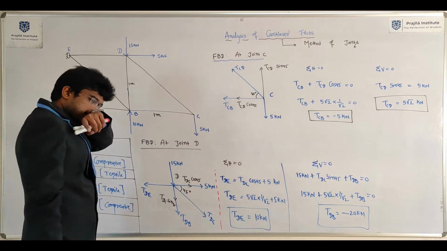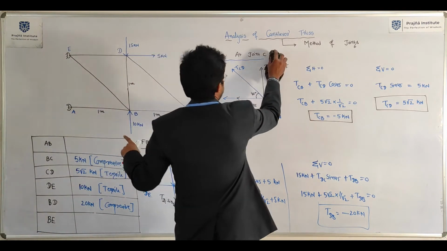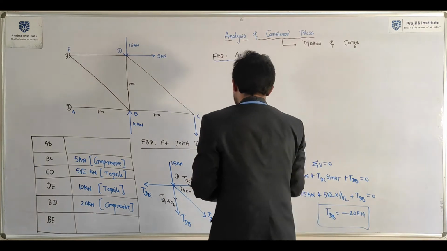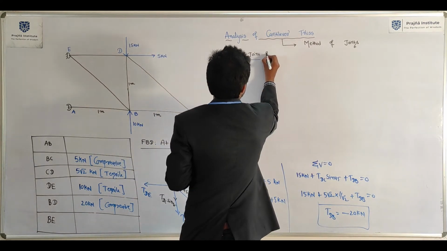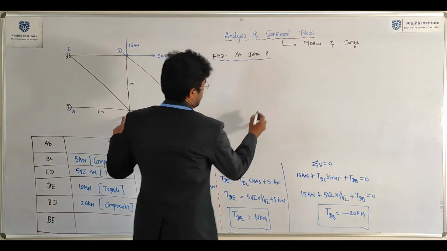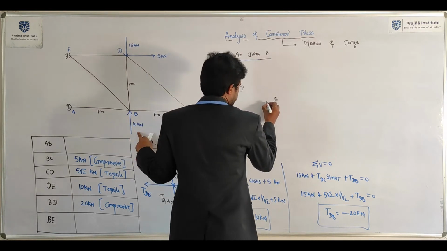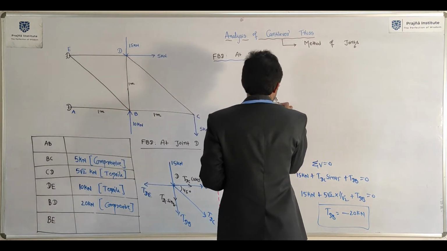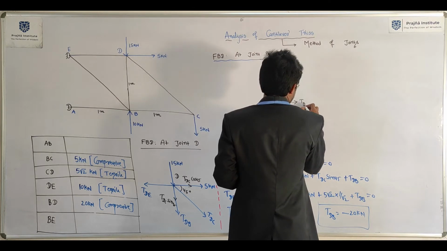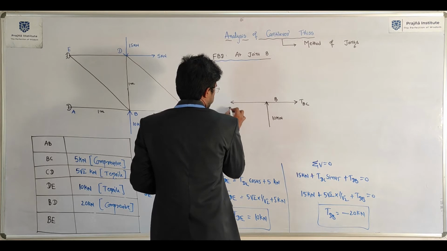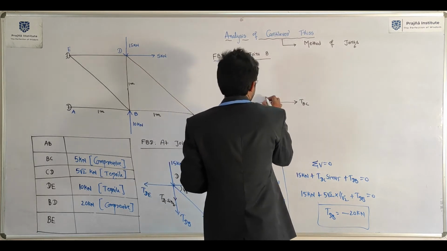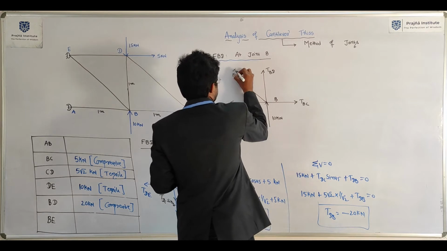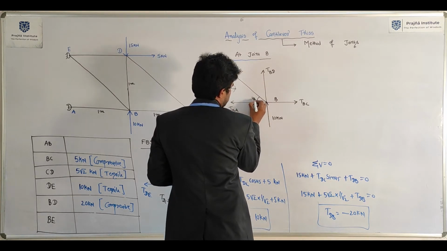Now write down free body diagram at joint B. Here joint B, this is B. 10 kilonewton is acting upward, and here TBC pulling the joint, TBA pulling the joint, TBD pulling the joint, TBE. Of course, it is 45 degrees.